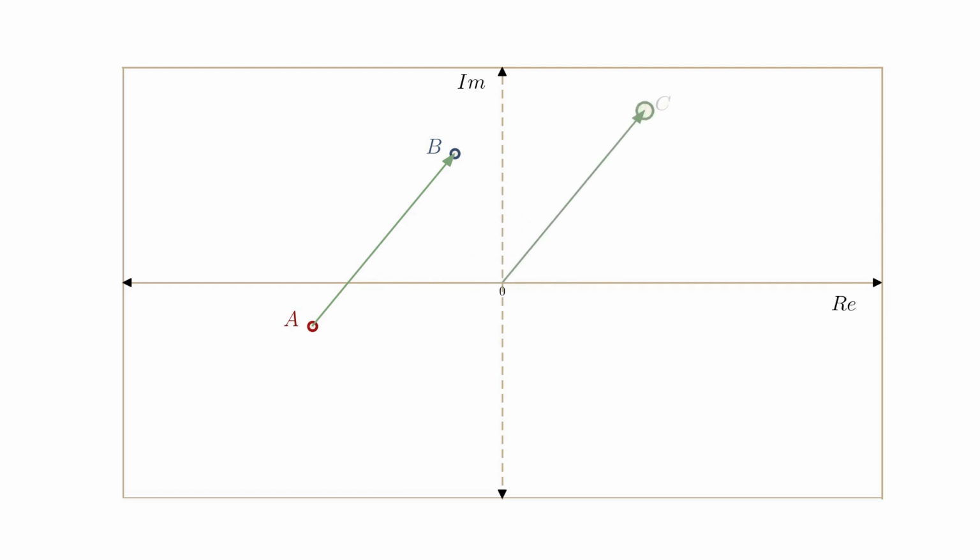Now, to reach this point, we could first traverse through B and then through minus A, giving us B minus A. So, we could think of vector subtraction as the answer to the question, how do I get from this point on the complex plane to this other point? And if you calculate the magnitude of this vector, it gives you an idea of the distance between the two points. And how do you calculate that? Hold on, we'll get there.